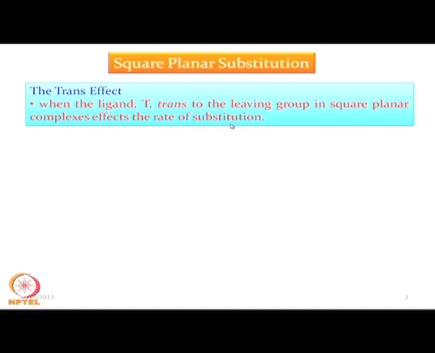It affects the rate of substitution reaction, that means whether your rate of substitution reaction is very fast or not. In that particular case, we consider the ligand which is present trans to the leaving group. So, if the leaving group is Cl minus like that of our tetrachloroplatinate salt, or the NH3 group for the tetraamine platinum salt, then the group which is labilizing the trans ligand is important.